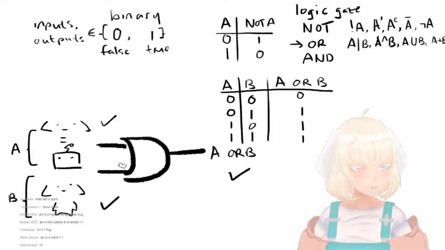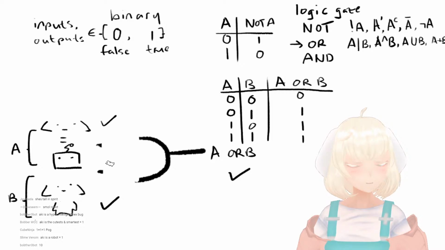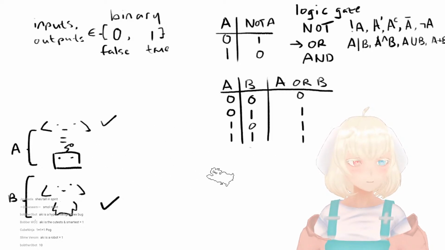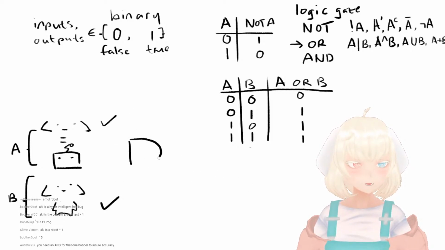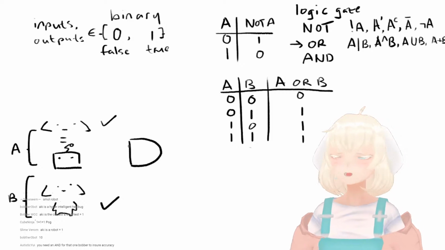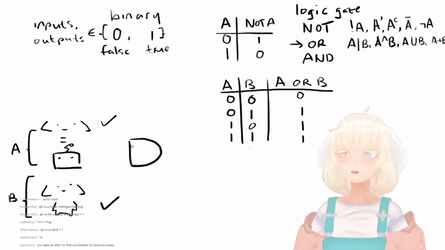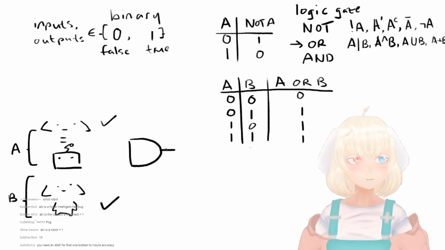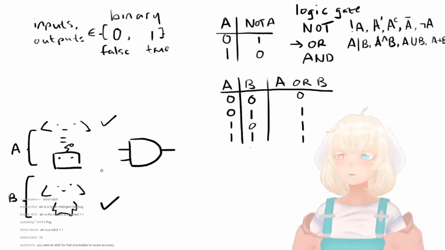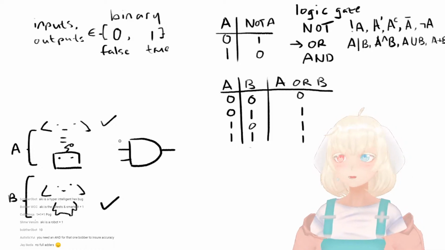Okay, what about and? Let's get rid of this. What about and? And sort of looks like this. It's like the or, but we flattened it out a little bit. And it's a little bit more strict in that we can't tell half-truths anymore.